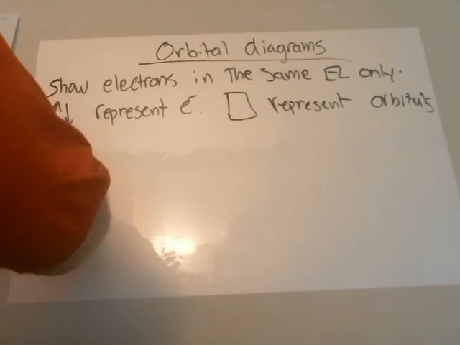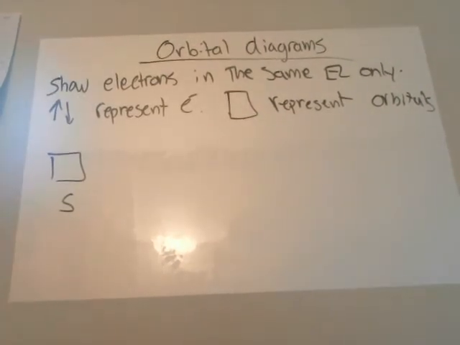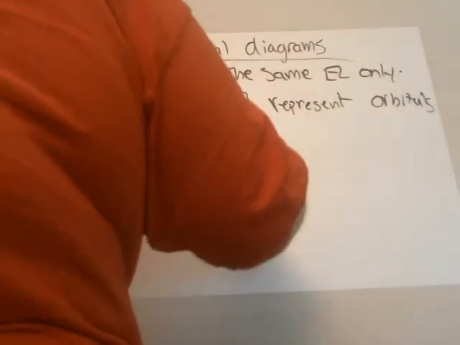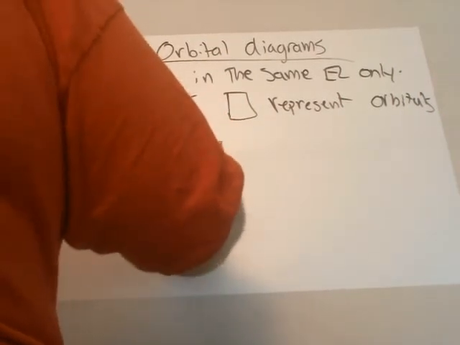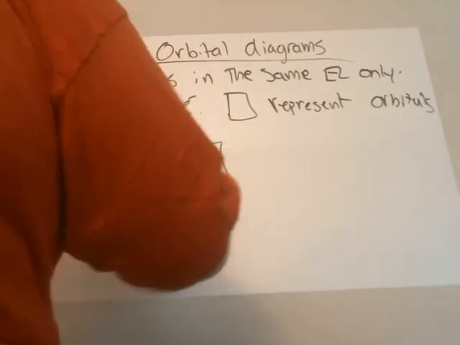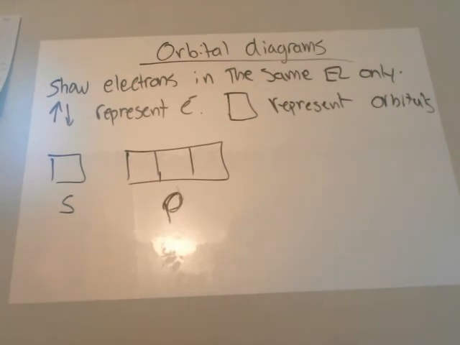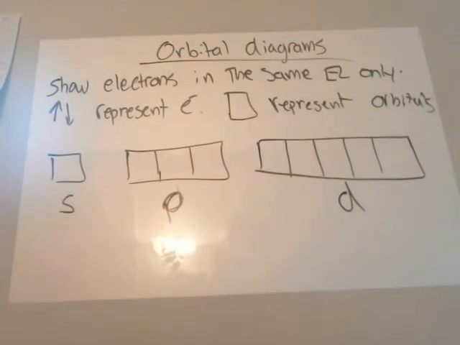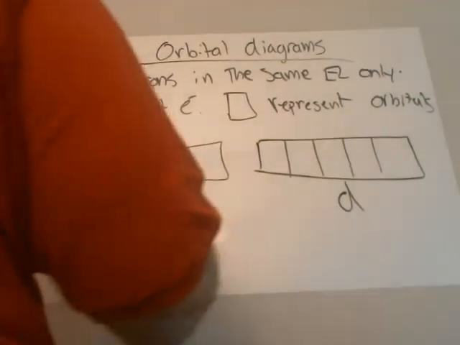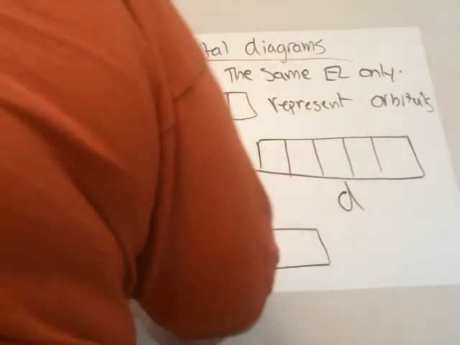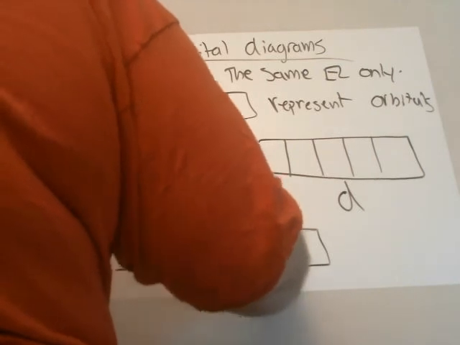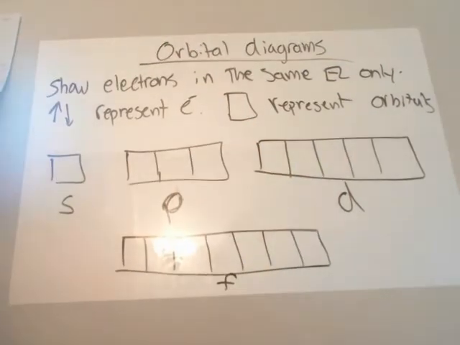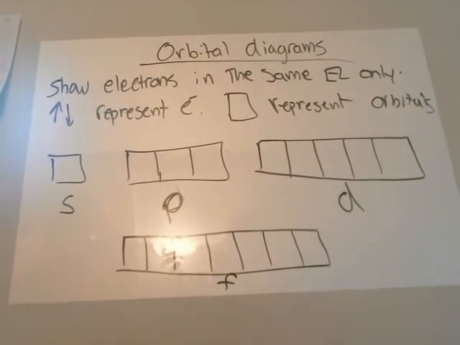So for S we have 1 box because there's only 1 orbital. For P we have 3 boxes because there's 3 orbitals. For D, we have 5 boxes for 5 orbitals. And for F, we have 7 boxes because there are 7 orbitals.